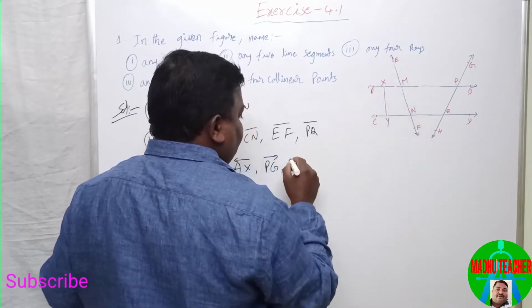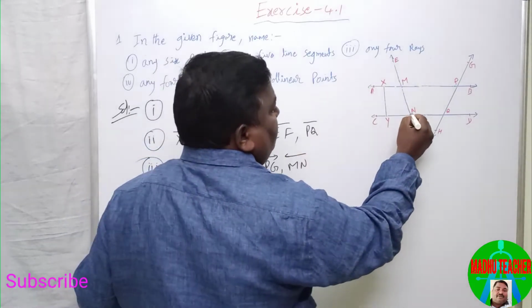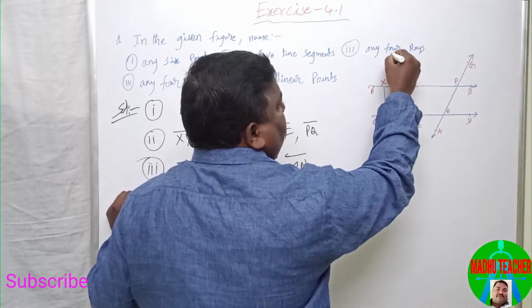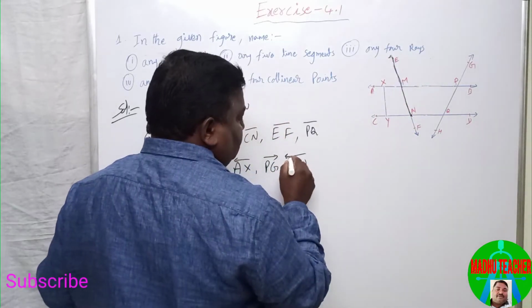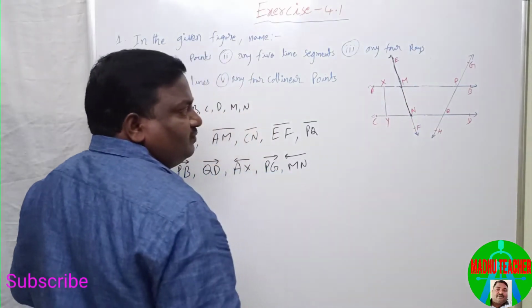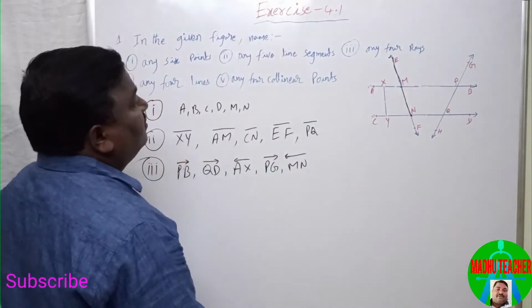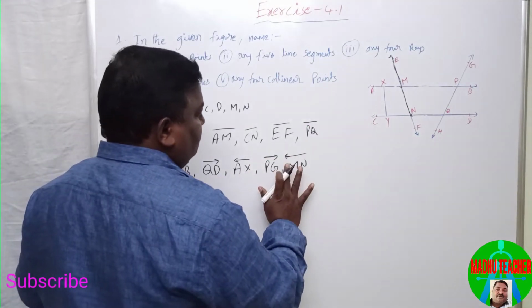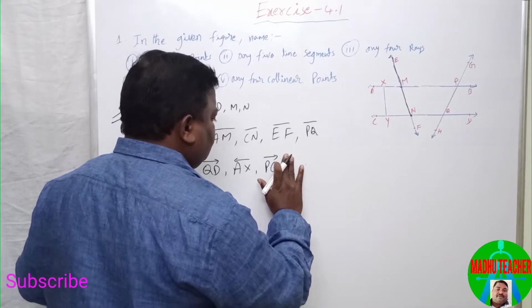If you put the arrow mark at the M side, we are taking this ray. If you put the arrow mark at the N side, we are taking this ray. Okay. Next, how many? 4. Already we have written 1, 2, 3, 4, 5.